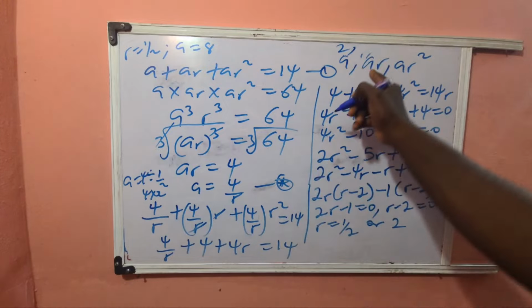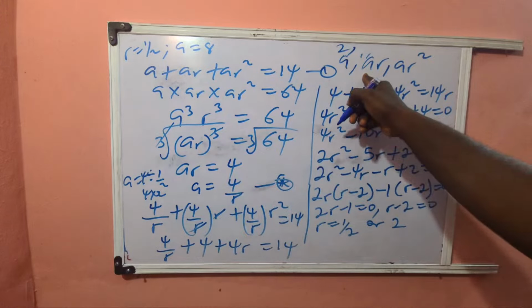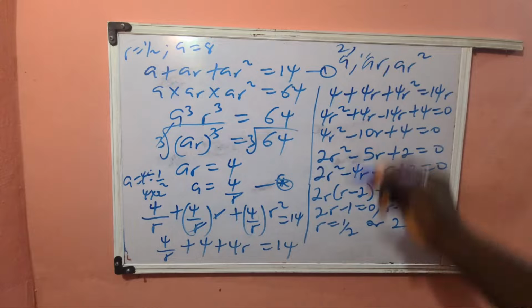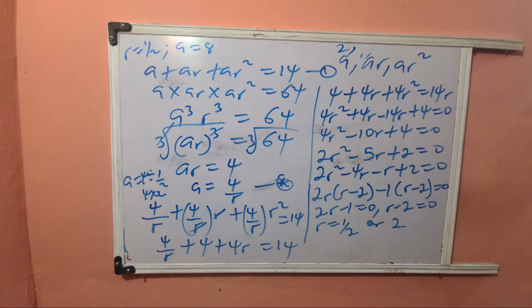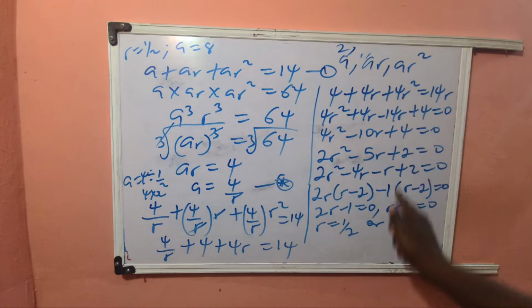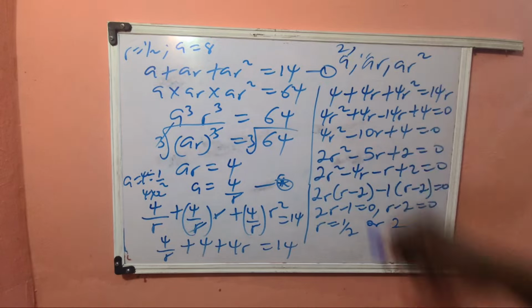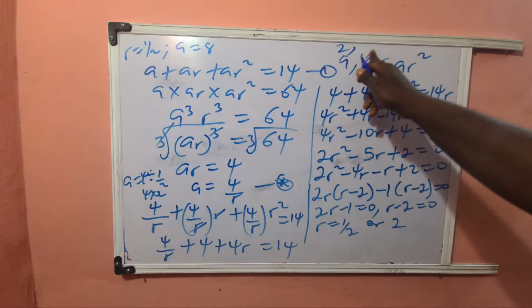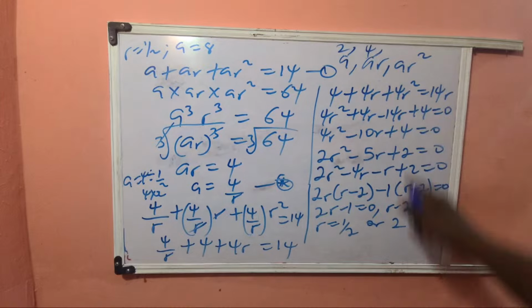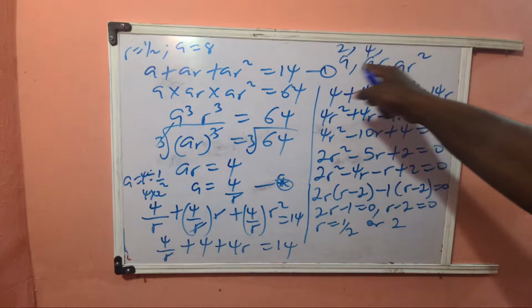And then the next one will be 2 times r, what's your r? 2. The next term will be 4. And then you have 2 squared. That will be 4 times your A, which was 2.